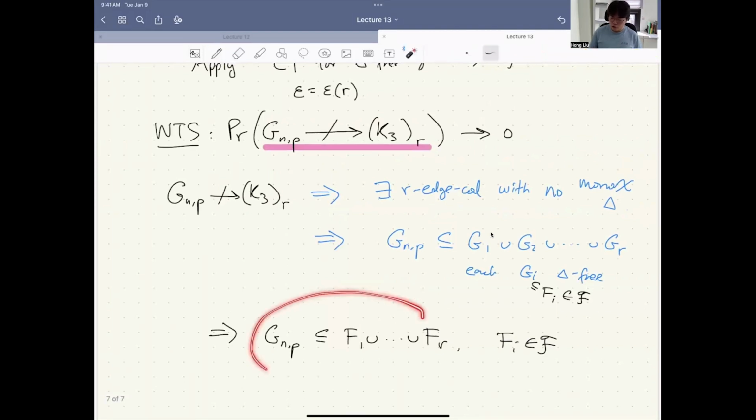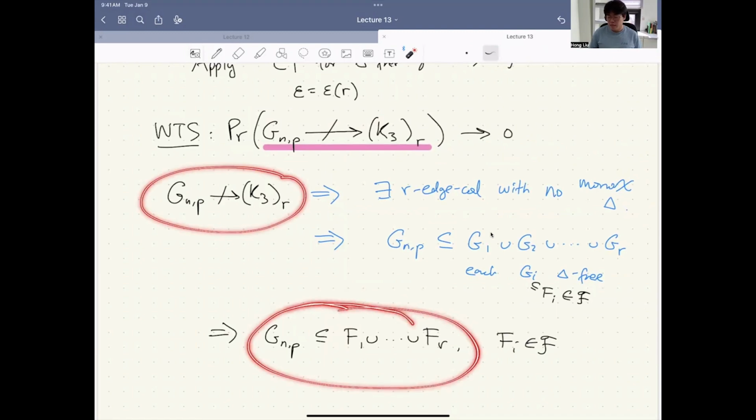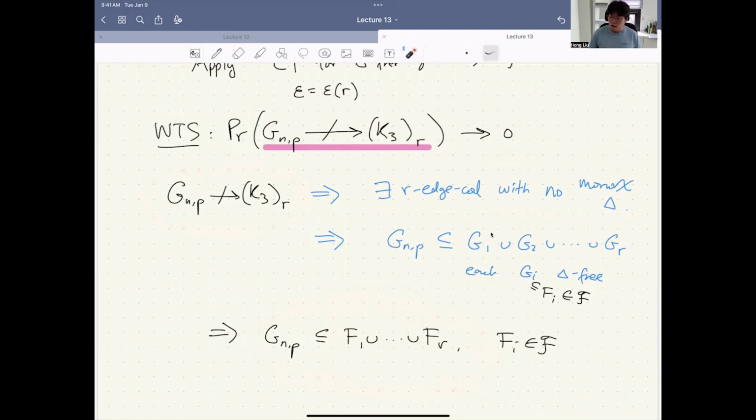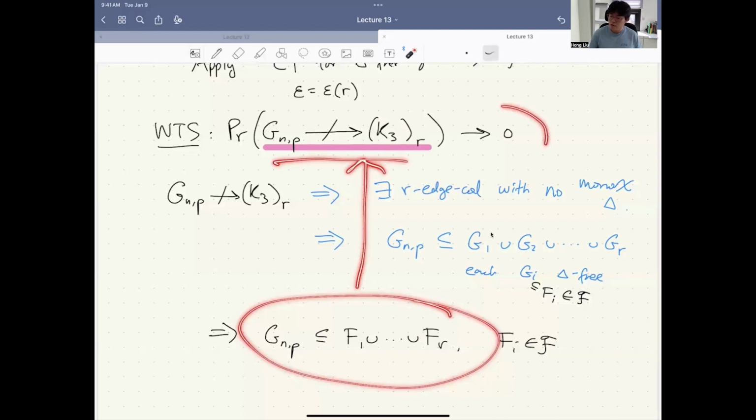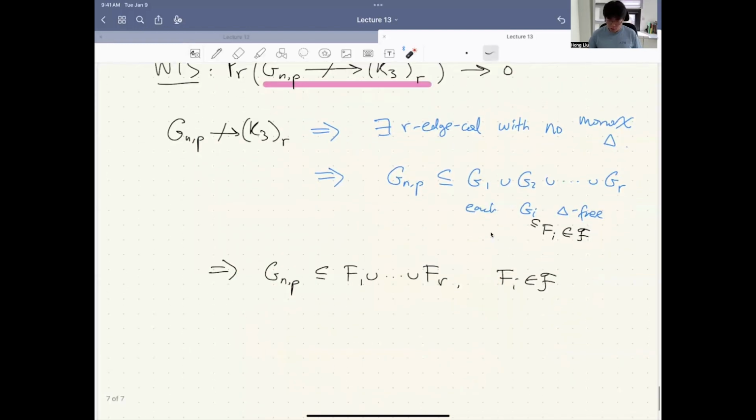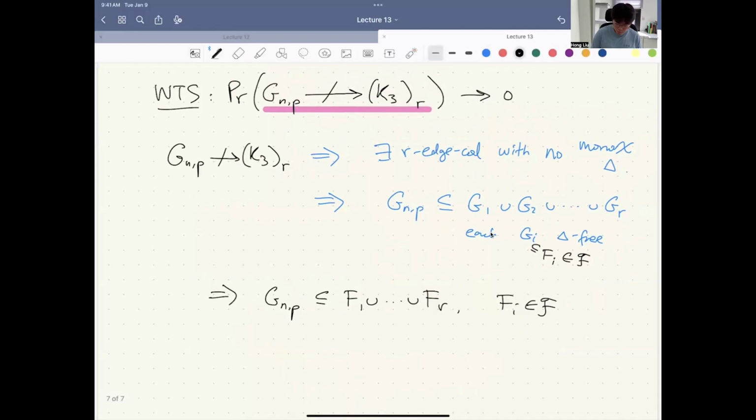So event A implies event B, meaning event B is a larger event. All we need to do is to prove that this event B, a larger event, occurs with probability tending to 0. So now we need to show that the probability of this event tends to 0.